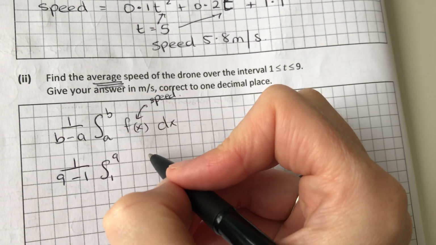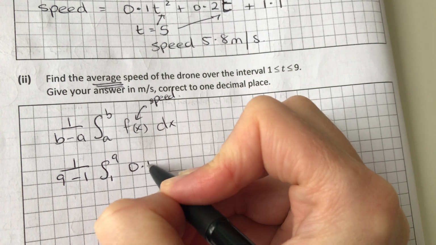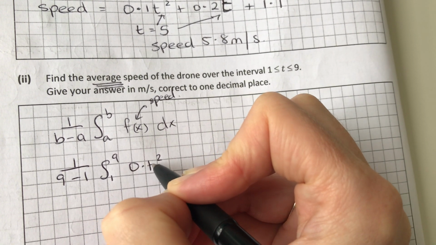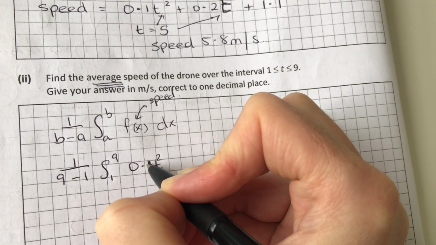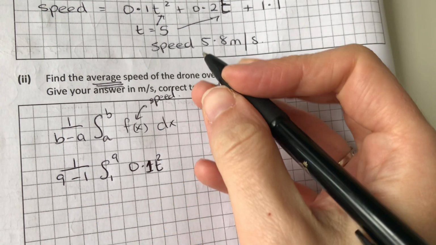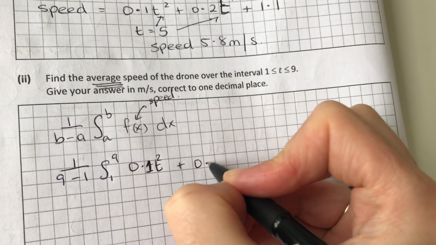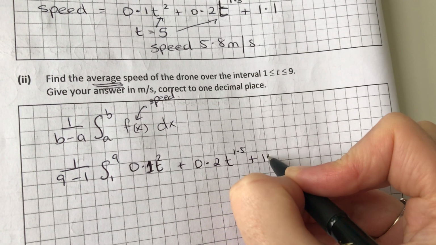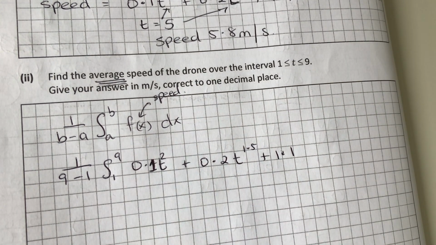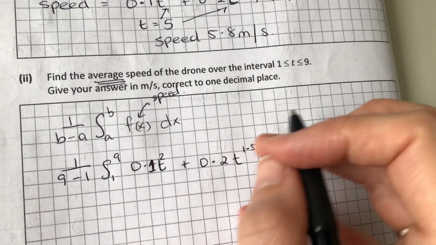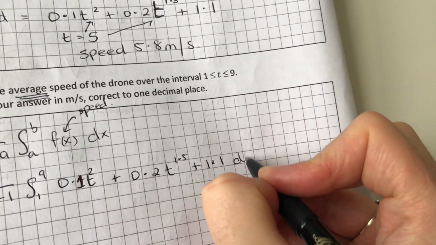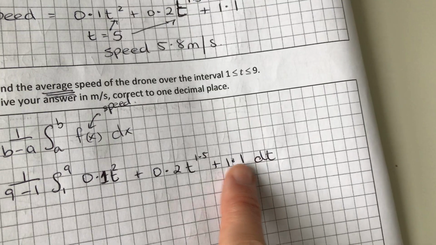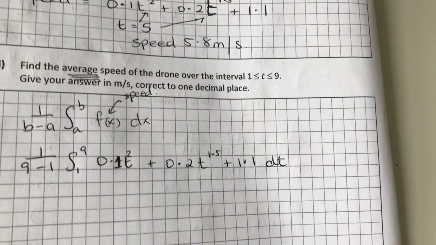My speed function, sorry, 0.1 t squared plus 0.2 t to the power 1.5 plus 1.1. And this is in terms of t. I'm only putting that in just so that you know my variable I have here is in terms of t.